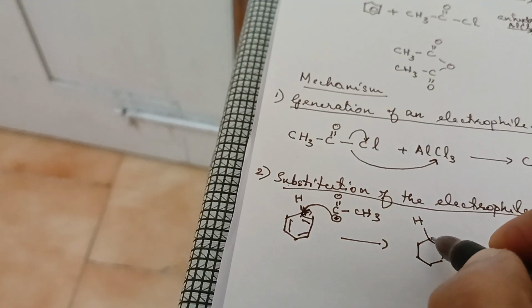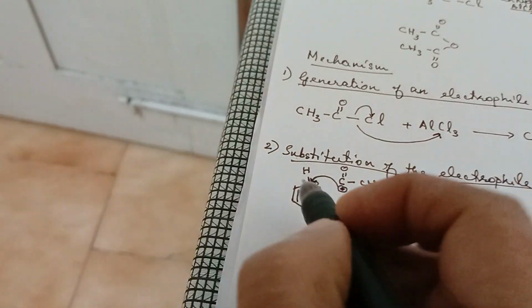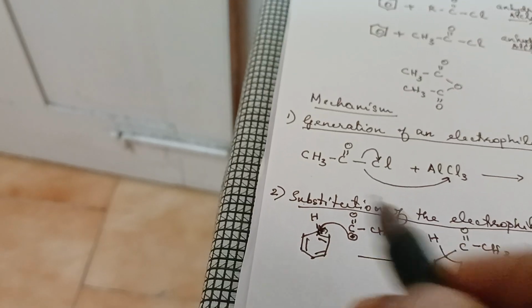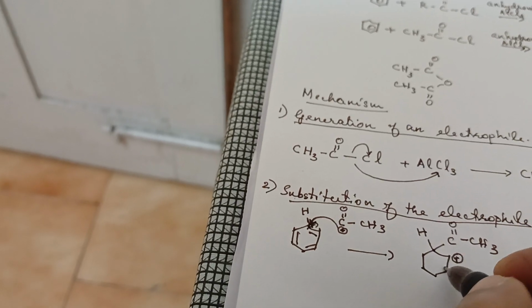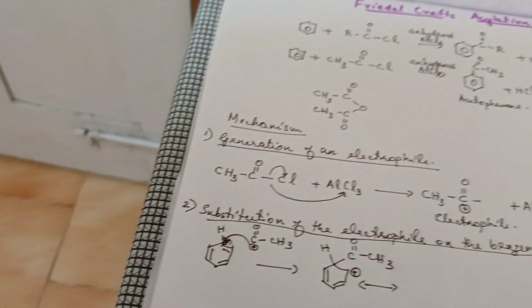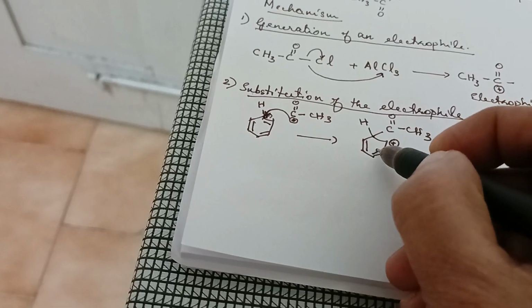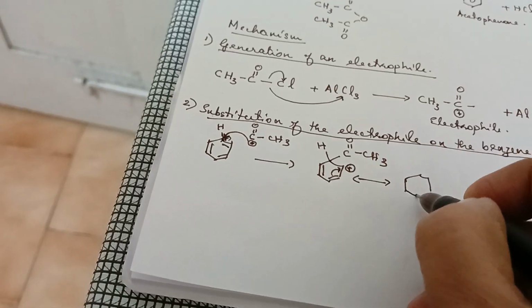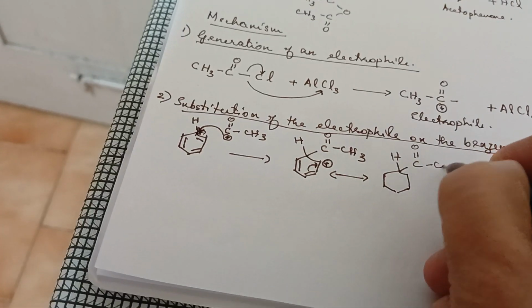this hydrogen is here. C double bond O CH3 has got attached here, but this bond is no longer there because those electrons had shifted to this place, and you will have a positive charge on this carbon. These bonds are there as before. In the next resonance structure, we can see this carbon is now electron deficient. It will pull these electrons towards itself, and that will result in C double bond O CH3.